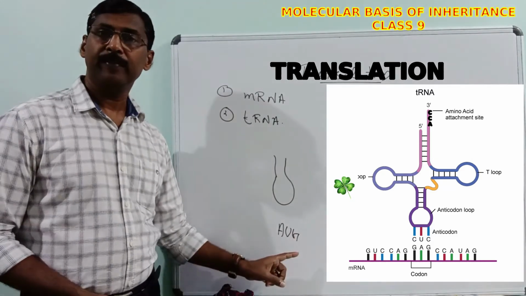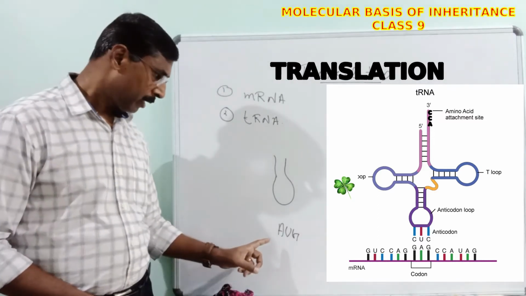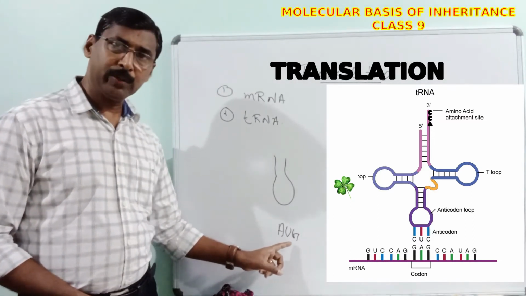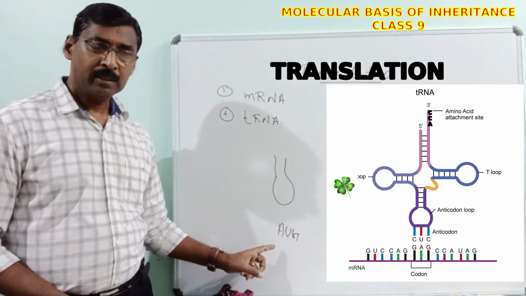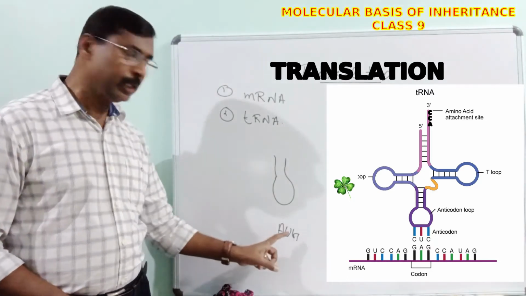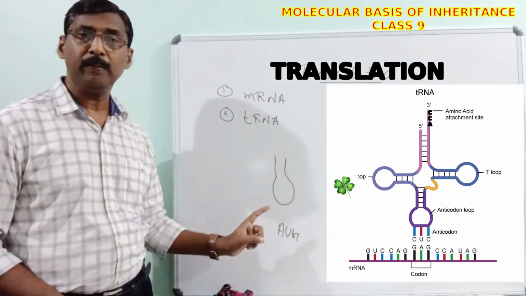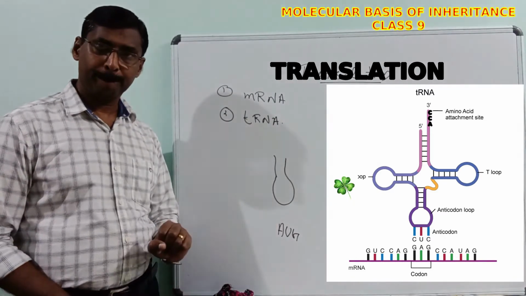So AUG is the initiator codon. And for the AUG, the transfer RNA which is capable of reading the AUG should have complementary bases at the anticodon arm.